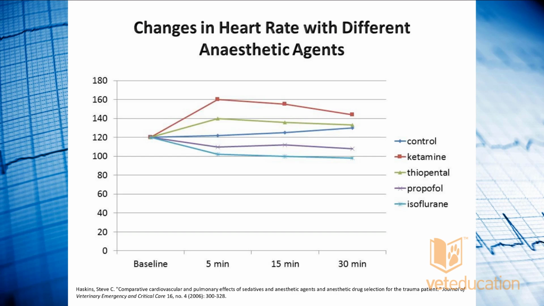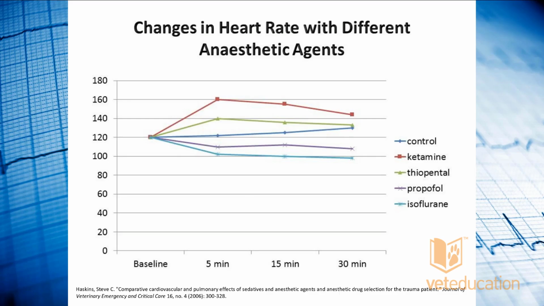So acepromazine is off my list of pre-medication drugs for an emergency patient. So therefore, even though thiopentone in these graphs that you'll see in the next few slides looks like a great anesthetic agent, it's too arrhythmogenic for me to use. And because I can't use acepromazine to negate the arrhythmogenic effects of it, I'm not going to use it at all. So that's what we'll say about thiopentone.